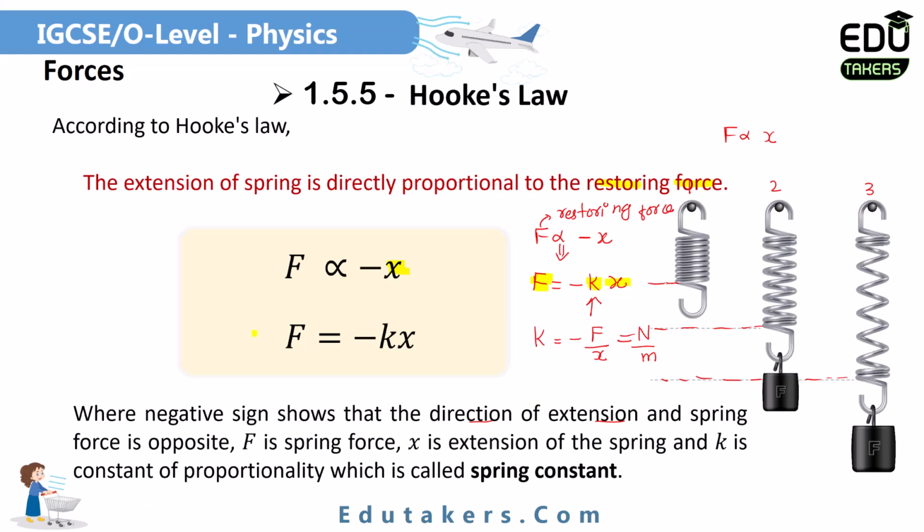You can see here that the negative sign shows the direction of the extension and spring force is opposite. F is the spring force, x is the extension of the spring and k is the constant of proportionality, which is called the spring constant. So according to Hooke's law, the extension and the restoring force are directly proportional to each other.